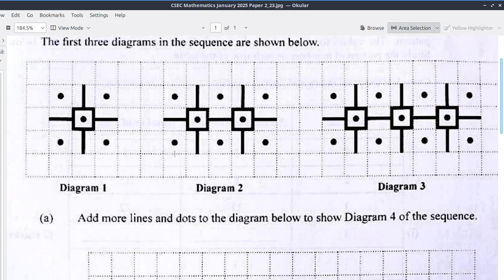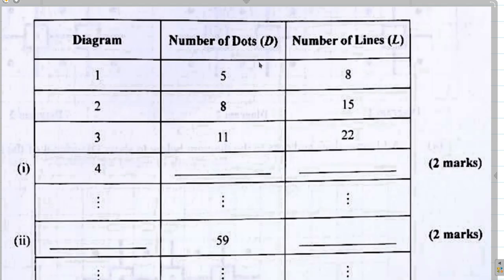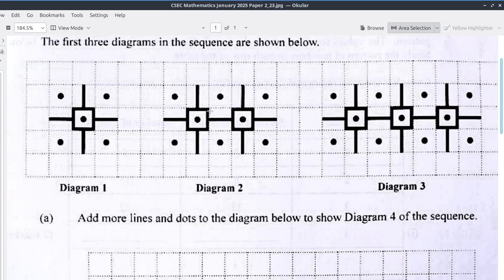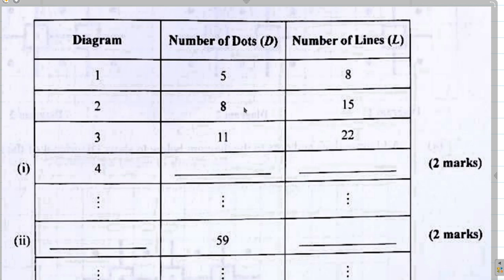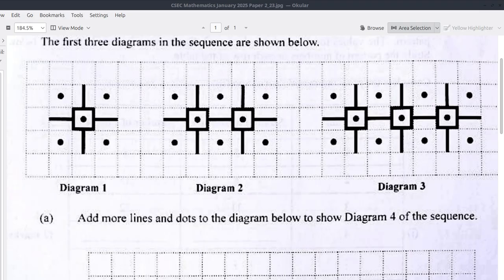With diagram 2, I have 1, 2, 3, 4, 5, 6, 7, 8 dots. So you have 8 dots, alright? And the lines, you have 2 squares, so that's 8 lines so far. 9, 10, 11, 12, 13, 14, 15. That's 15 lines, right? 4 for each square, that's 8.